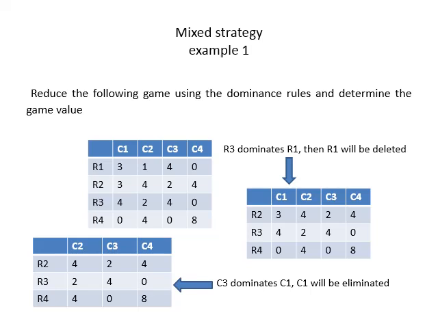So C1 will be kicked out. The remaining matrix consists of 3 strategies now for B and 3 strategies for player A. In the next slide, we will continue the solution of this matrix.